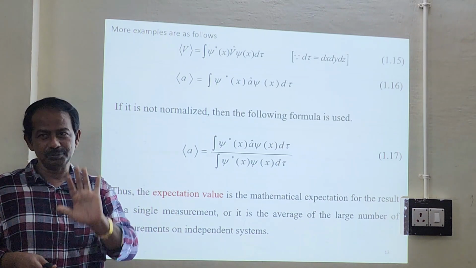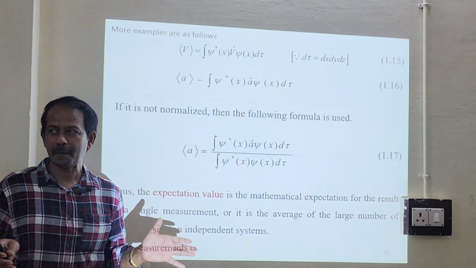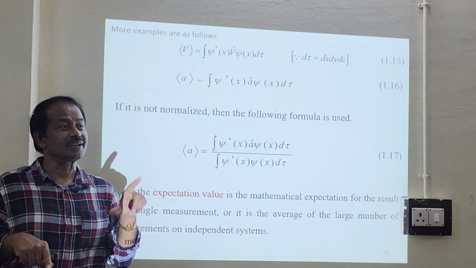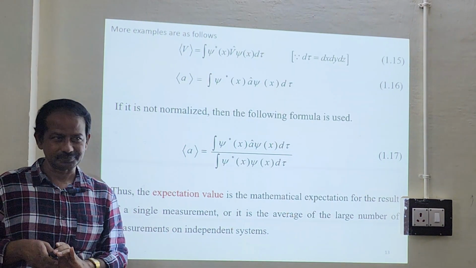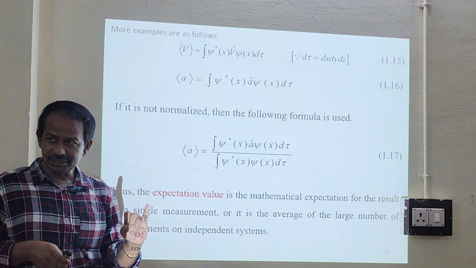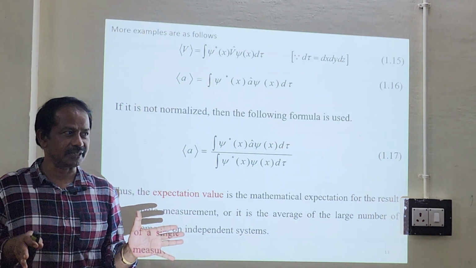All variables are observables. All observables are associated with the operators. Clear? So operators are indirectly associated with the position and momentum. If you have a variable related with the position and momentum, it is an operator.